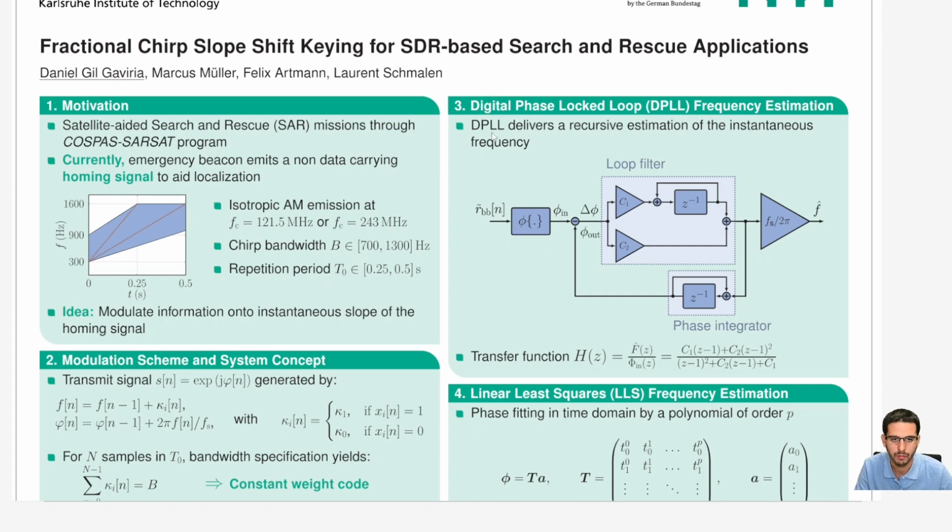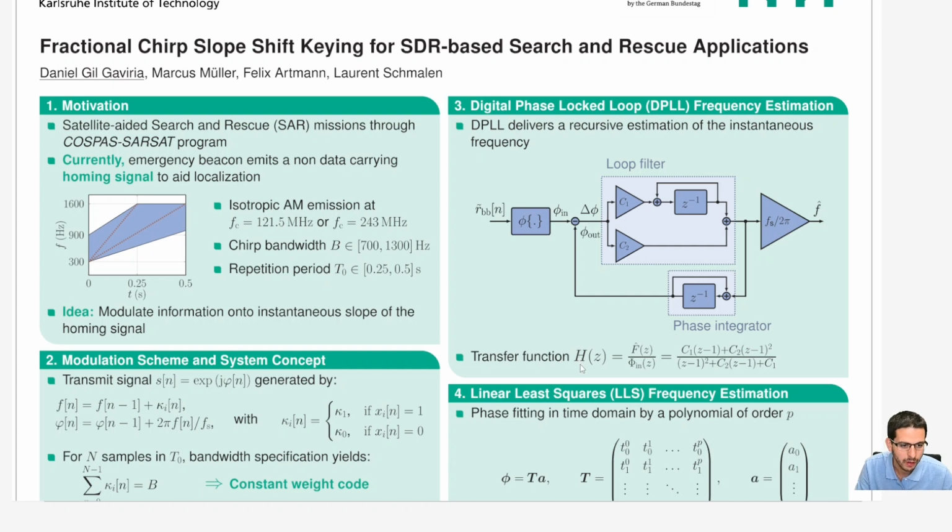That would be a straightforward digital phase-locked loop. What this kind of system does is it just tracks the phase of the received signal through a control loop like this one, and out of that it implies a certain instantaneous frequency which we can then evaluate.